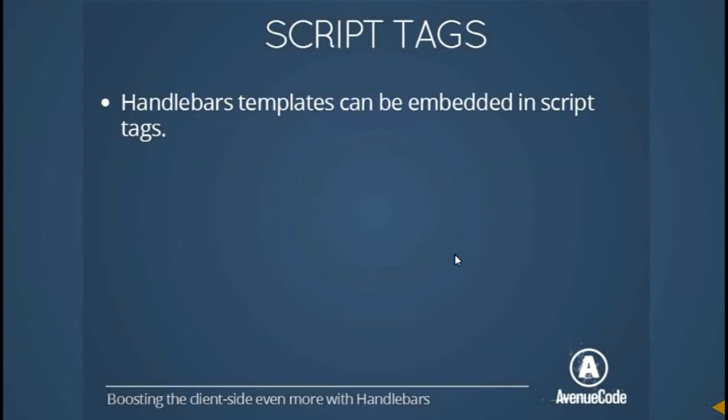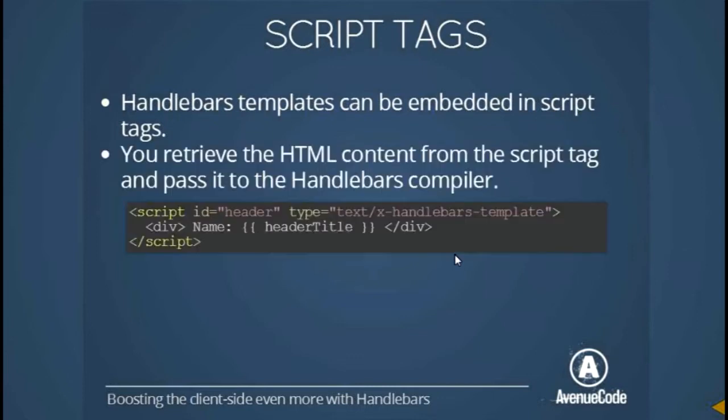Next thing we have here is the script text. Handlebars templates, you embed in this script text, as I said. You declare your template, right? So when you declare your template HTML code, you have to surround it with a script tag with the ID. Let me actually show here, it's easier.